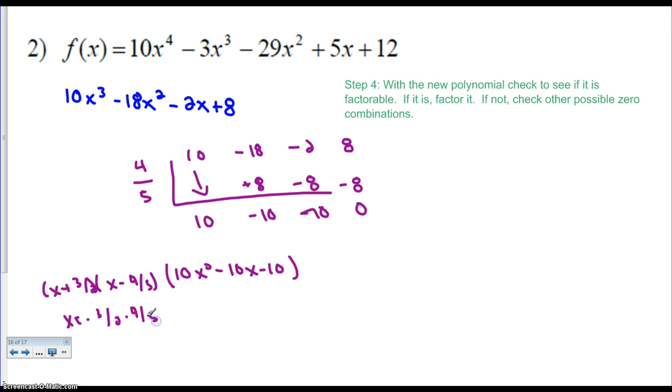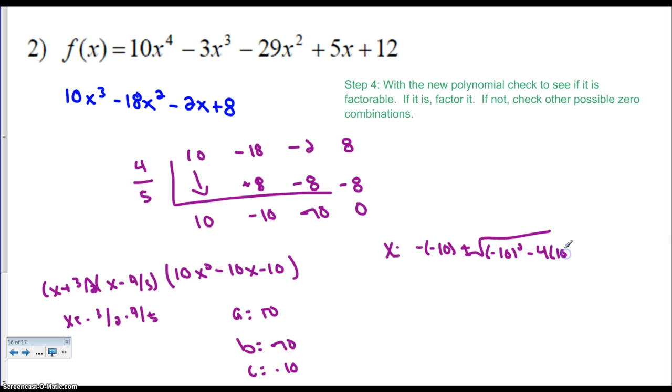I want to find out what the other zeros are. This is not factorable, so I'm going to use the quadratic formula. a is 10, b is negative 10, and c is negative 10. So x equals negative of negative 10 plus or minus the square root of negative 10 squared minus 4 times 10 times negative 10, all over 2 times 10.